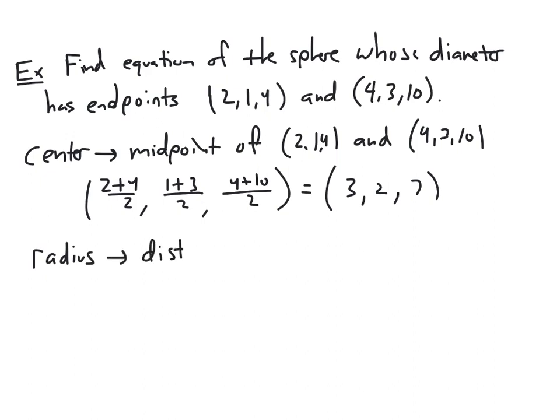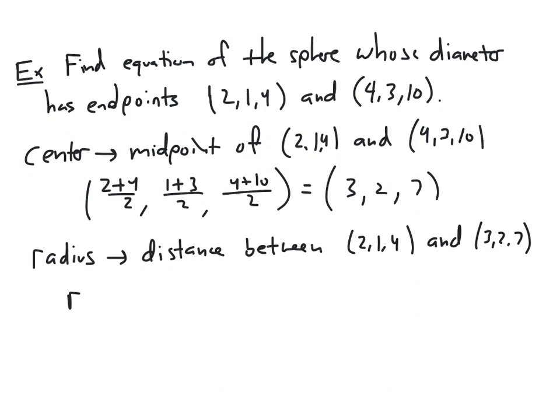It's going to be the distance from either of our endpoints. It doesn't really matter which one we pick. I'm going to pick the first one, (2, 1, 4), just because the numbers are smaller. It's the distance between our endpoint (2, 1, 4) and the center (3, 2, 7). That's by definition the radius, the distance from the center to a point on the sphere.